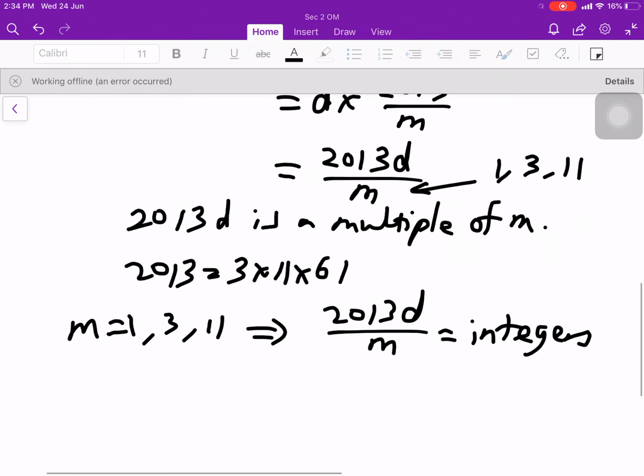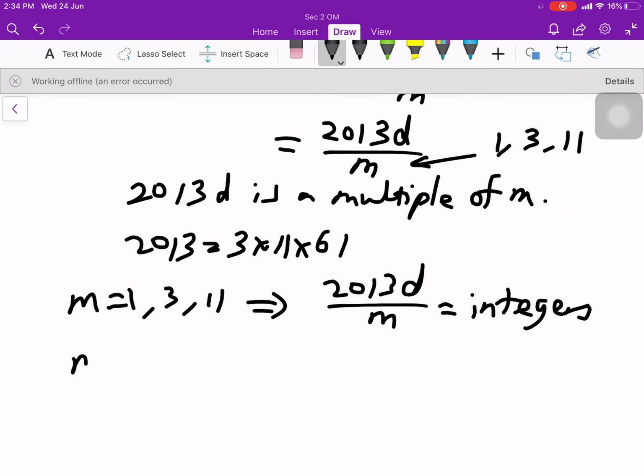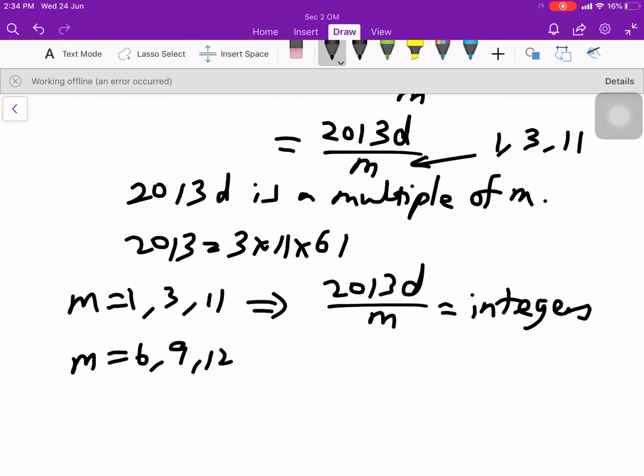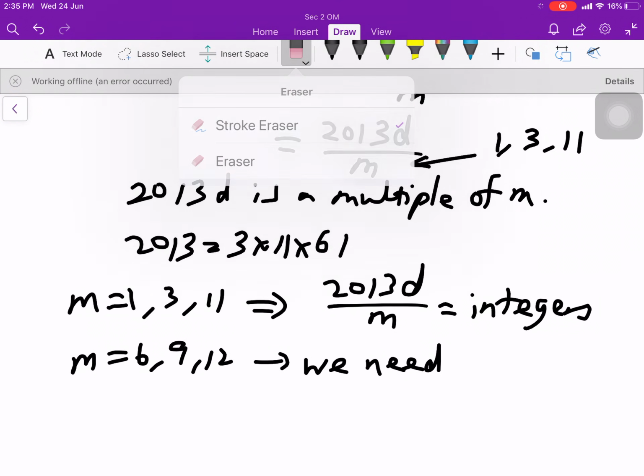Then can you see that if you consider the month to be 6, 9, and 12, what does it mean? Then can you see that we need 2, because your 2013 is not enough, right?